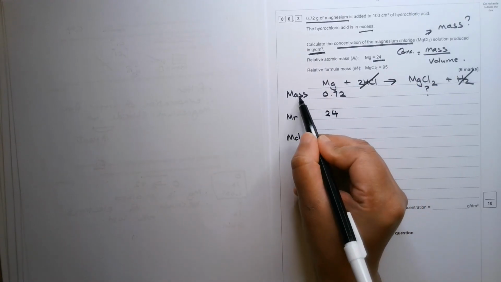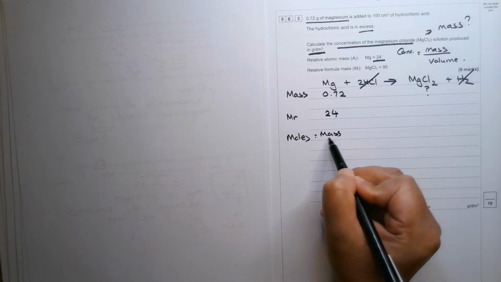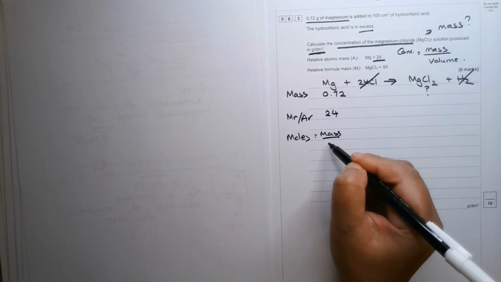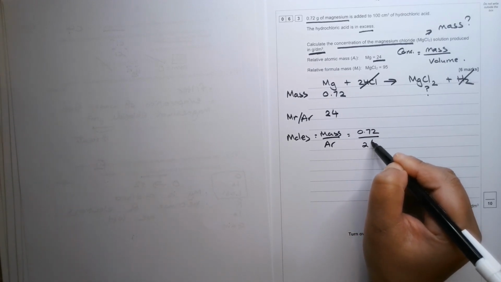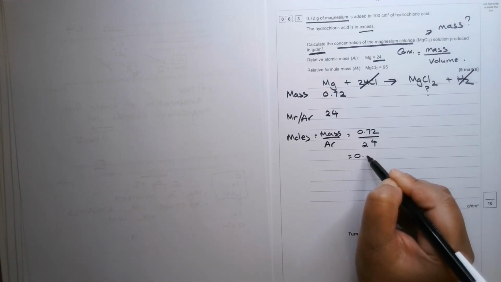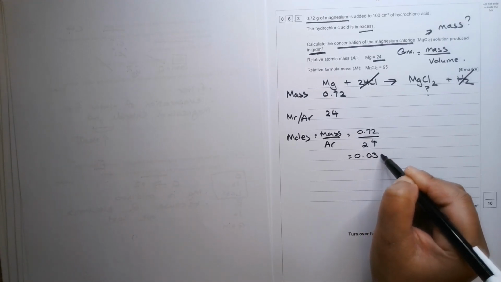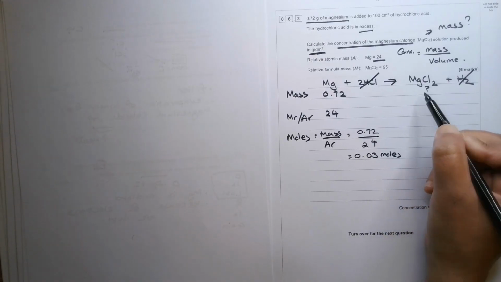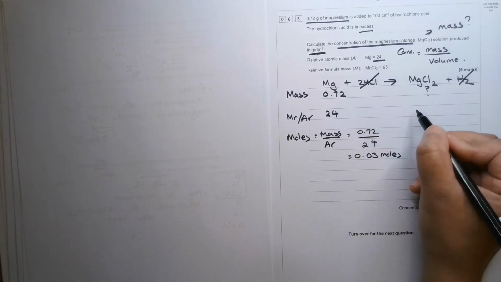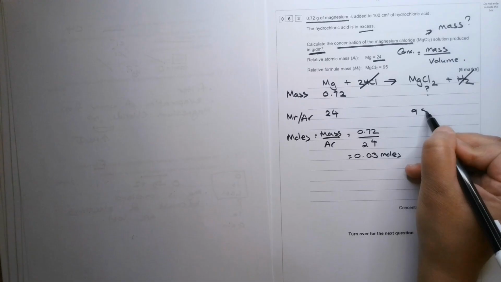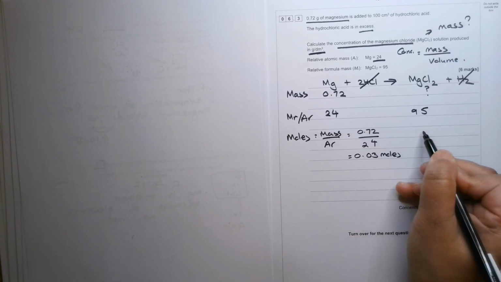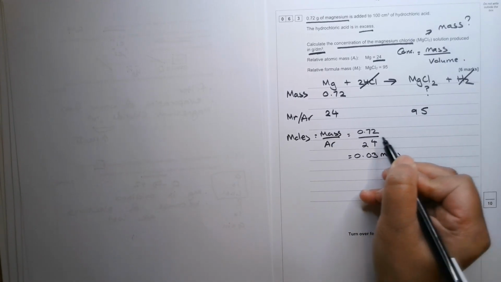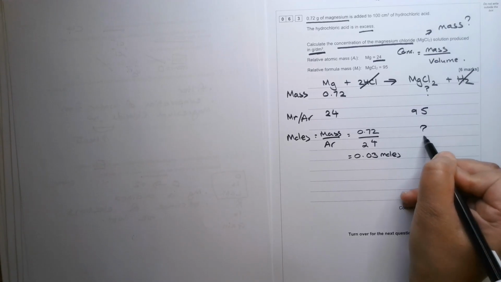Moles is mass divided by Ar in this case, so that is 0.72 divided by 24, I get 0.03 moles. Here my relative formula mass is 95. I can't work out the moles because I don't have the mass, so question mark.